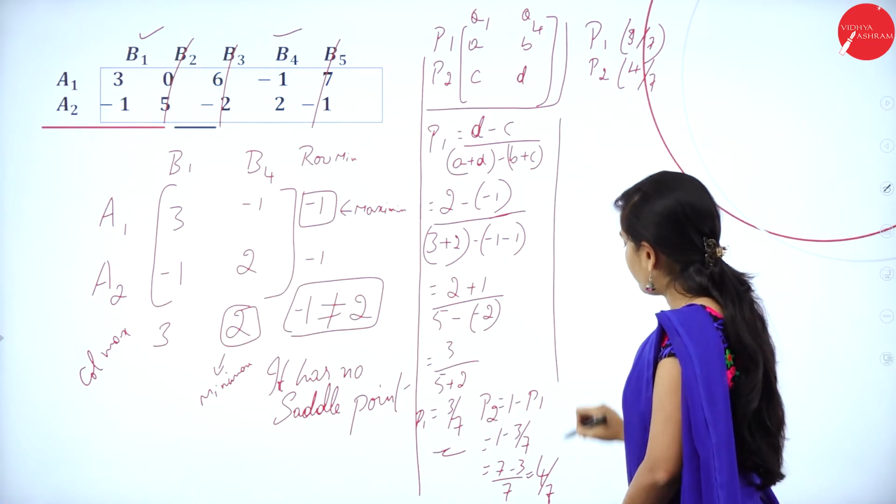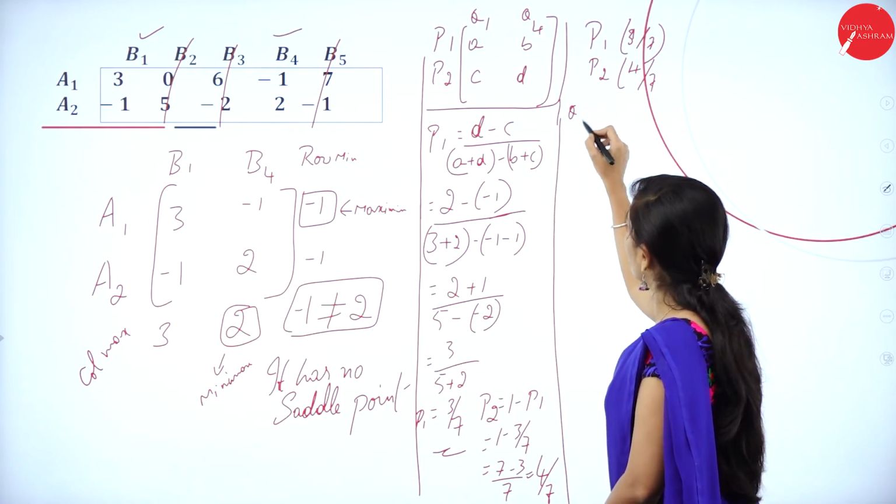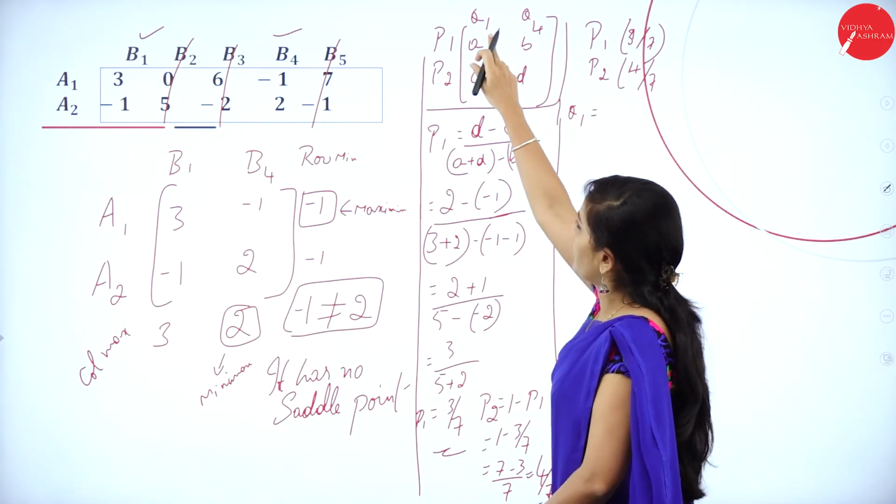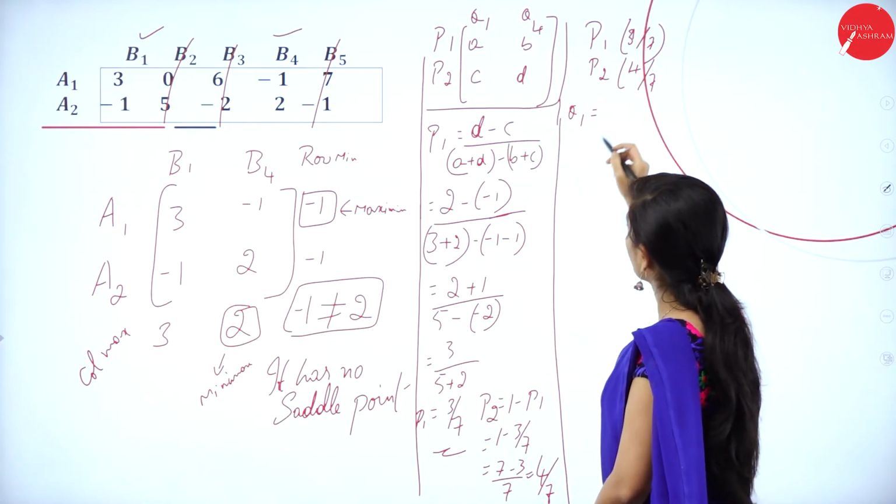So now I can find out Q1. What is the formula for finding Q1? Here I have the Q1 column, so I will find the Q1 values.